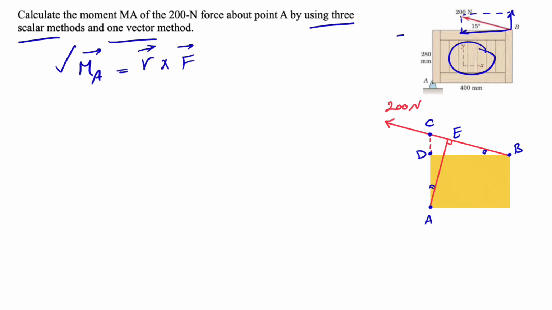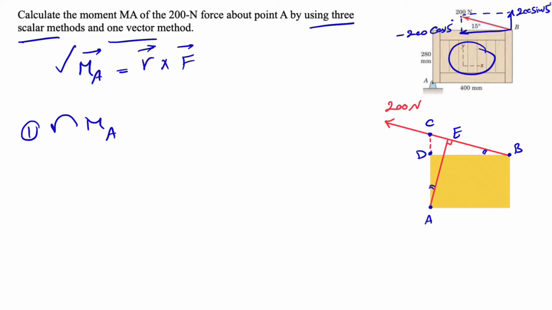The x would be minus 200 cosine of 15, and the negative sign is, again, because it's to the left, and 200 sine of 15 would be the y component. So let's go with the first scalar method.